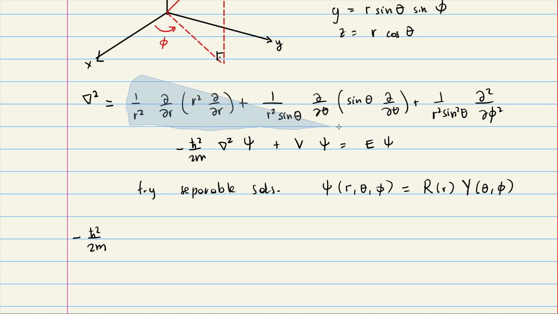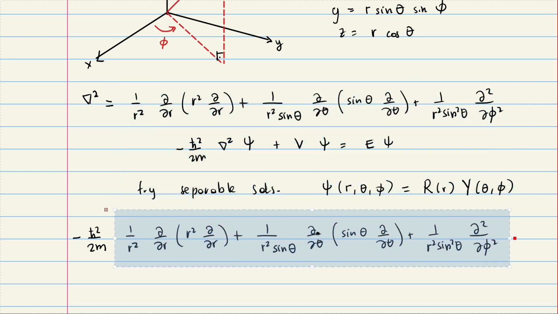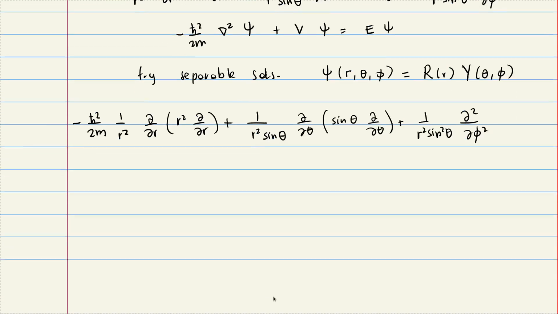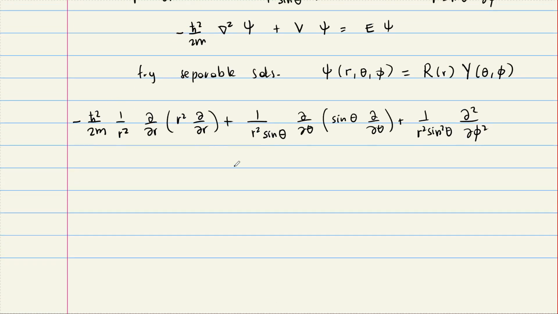So I'll copy this entire thing, hitting on R and Y. Now I'm not writing the arguments of the function because I know R is a function of r and Y is a function of theta and phi. So this is plus V, which is only a function of r, so we also need to keep that in mind, times R times Y, is equal to E times R times Y.